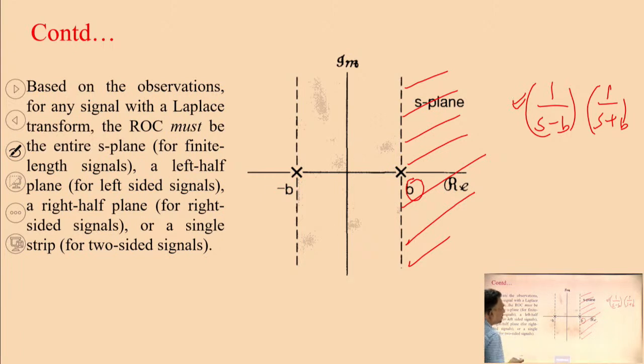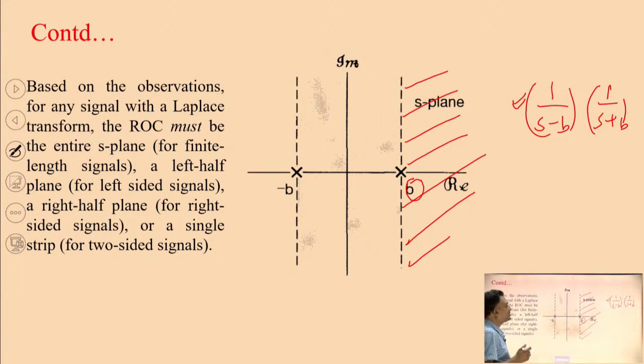The simple rule is that the ROC will always be parallel to the j omega axis. If the signal is causal, then the ROC is outside the rightmost pole, and if the signal is anti-causal, then the ROC is to the left of the leftmost pole.